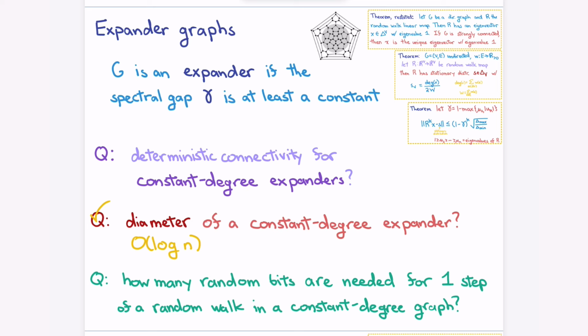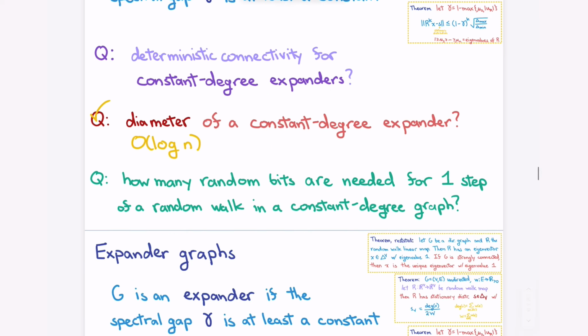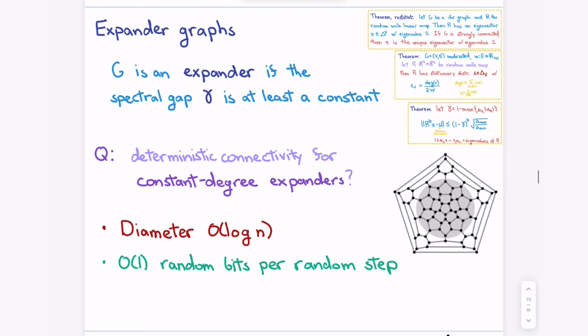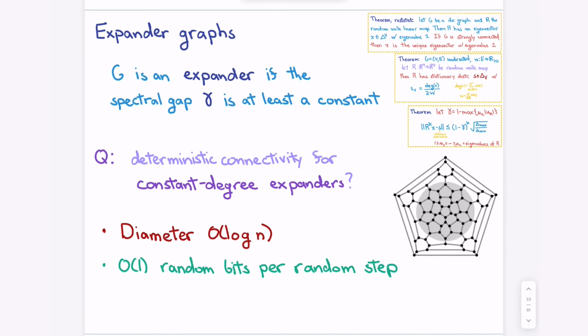Yeah, probably 4. Okay, so what's great is that the diameter is really small, and for each step, you only need to sample a constant number of bits. And you put that together, how do you get a deterministic algorithm for connectivity on expanders?